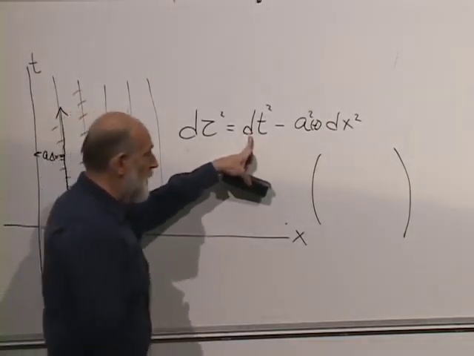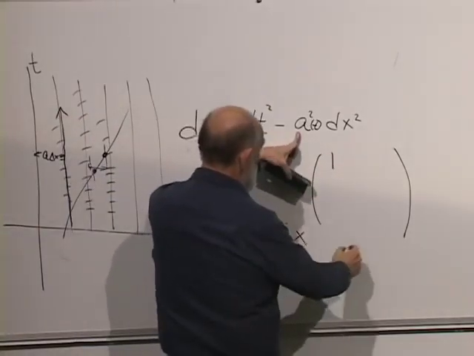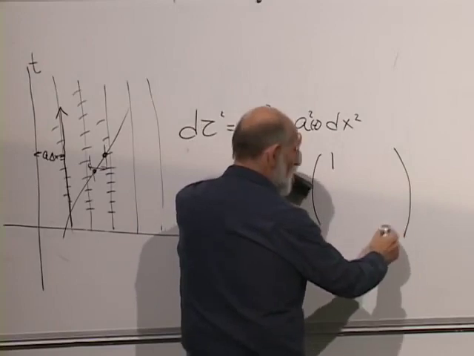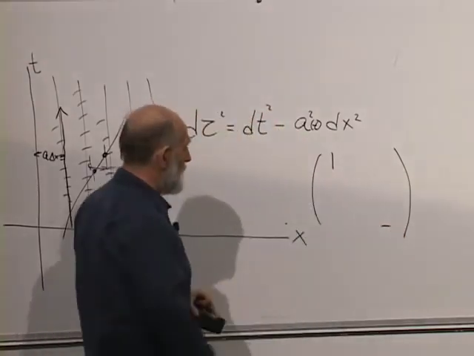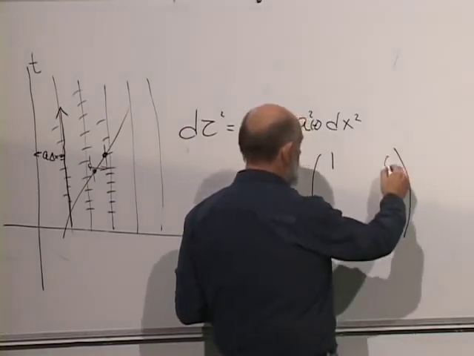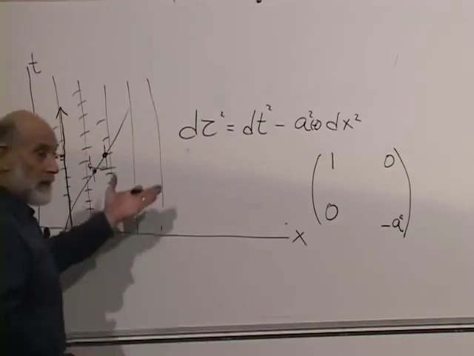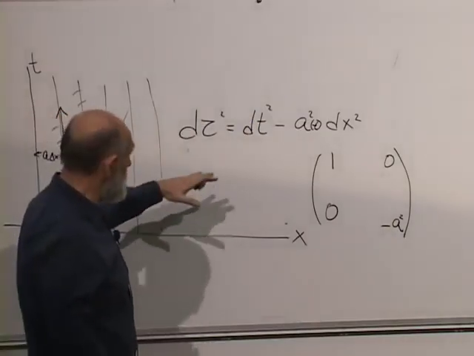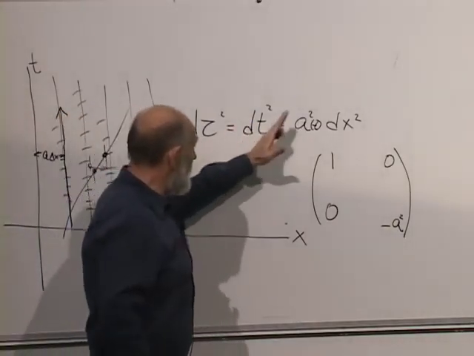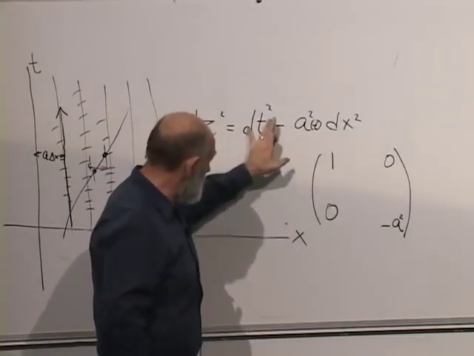The dt squared has a 1, and the space part has minus a squared. Then 0, 0. The zeros represent the fact that in this formula, there could be terms, but there aren't, with dt times dx and dx times dt. So there are no off-diagonal terms.